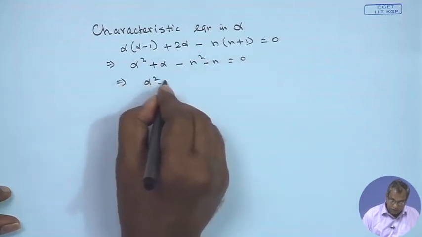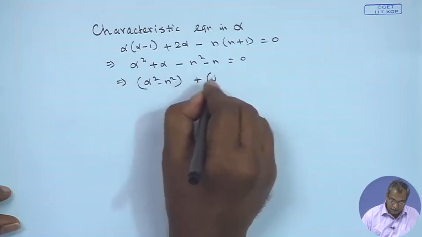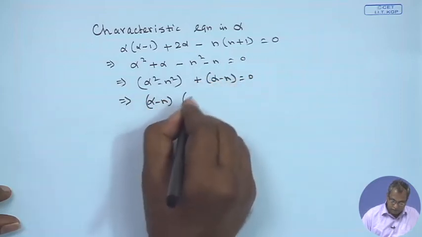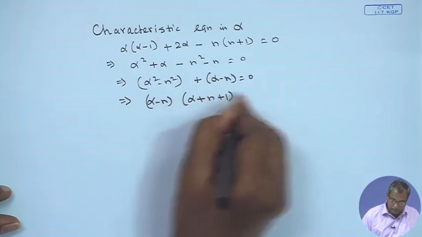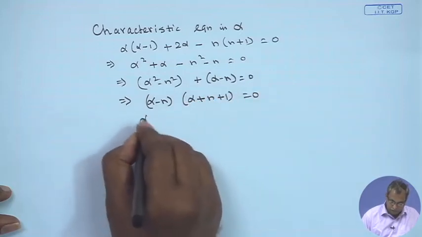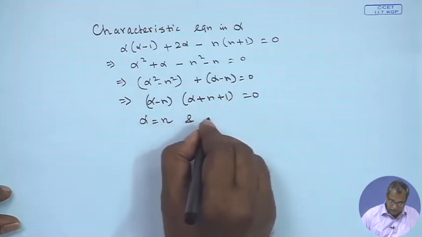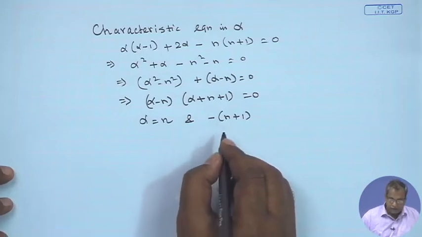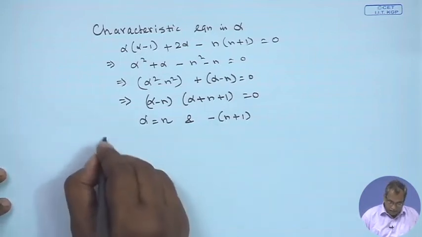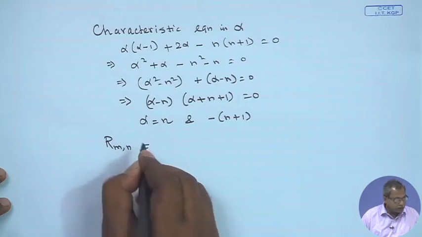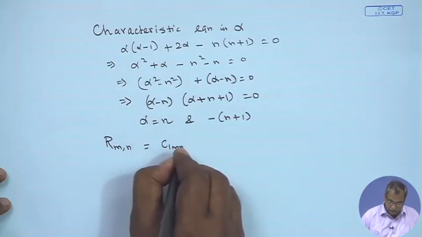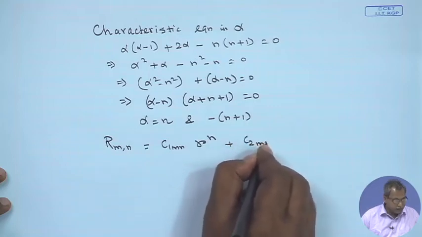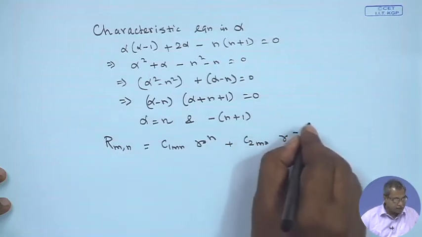So, alpha square minus n square plus alpha minus n is equal to 0. So, alpha minus n into alpha plus n plus 1 is equal to 0. So, we have two roots of alpha: alpha is equal to n and alpha is equal to minus n plus 1. So, I can get the solution of this Euler's equation, and R m n will be nothing but C 1 m n r to the power n plus C 2 m n r to the power minus n plus 1.